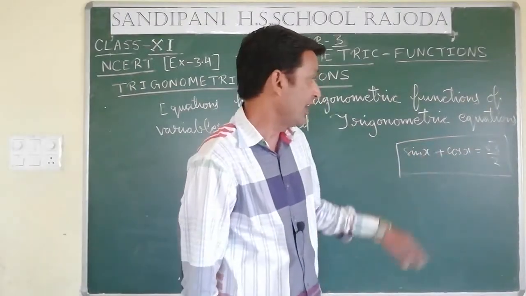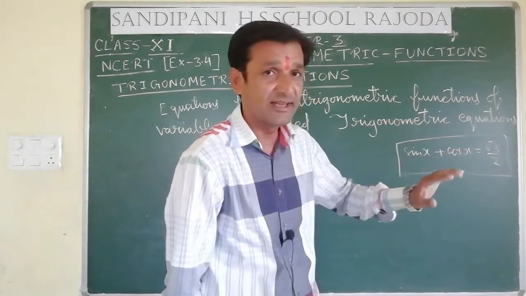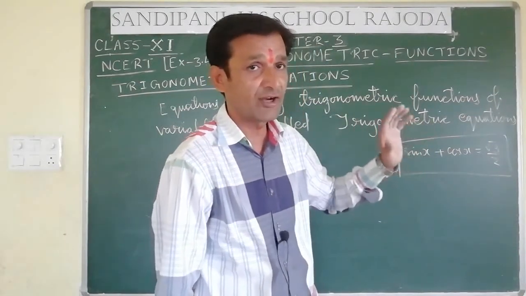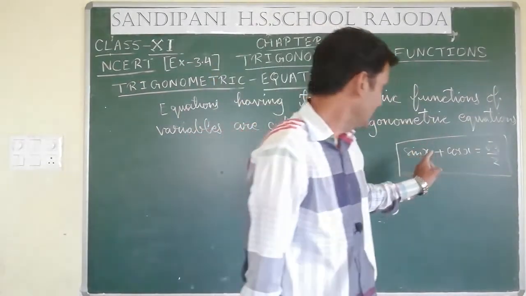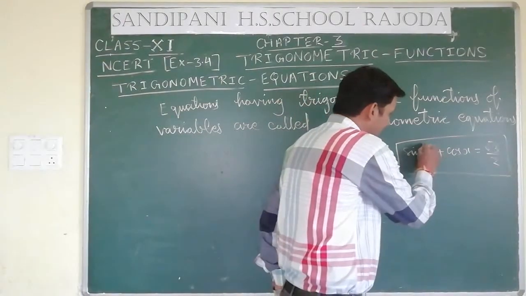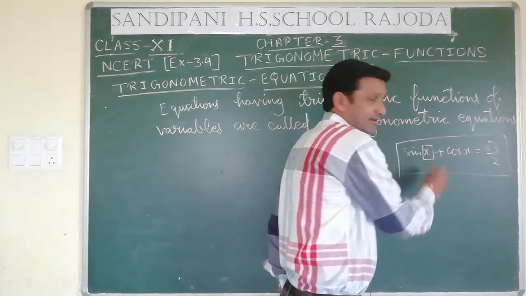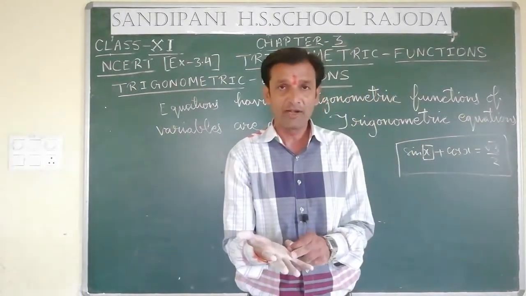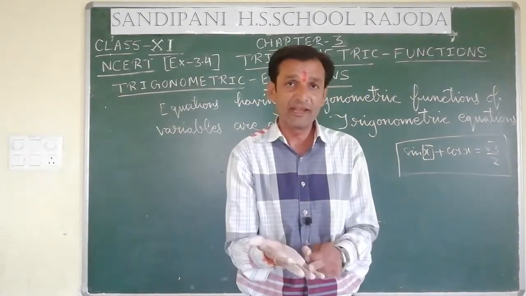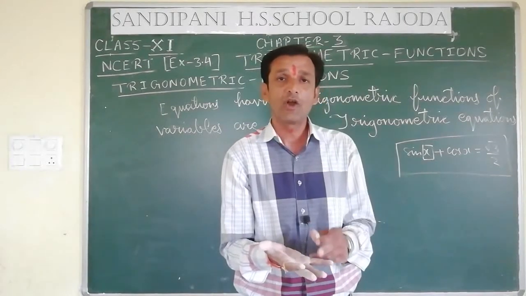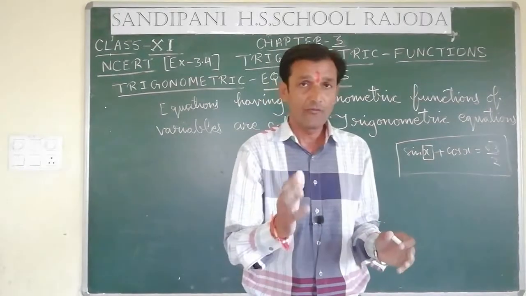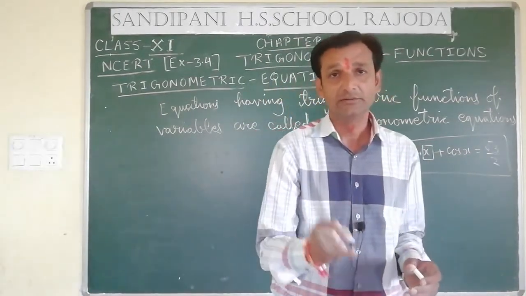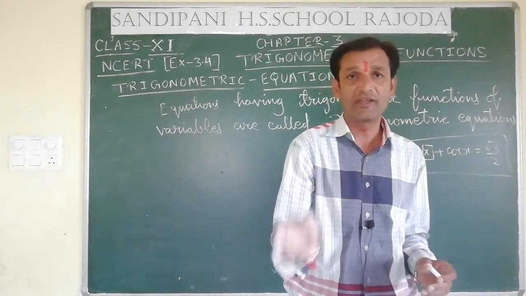If we are able to find the value of x in that trigonometric function having a variable, then that variable is which quantity? Here it is this variable x. So we have to find the value of x there. Means the trigonometric function which is having a variable is called a trigonometric equation. So for that we have to find the values of that variable.